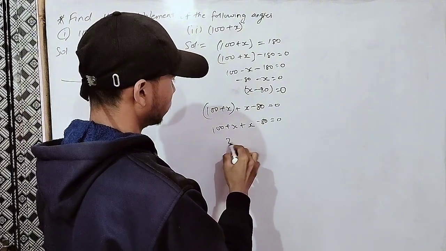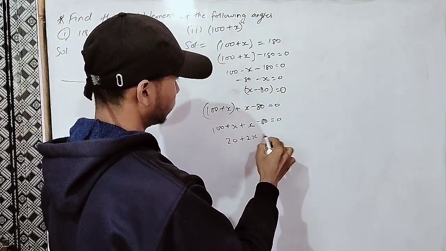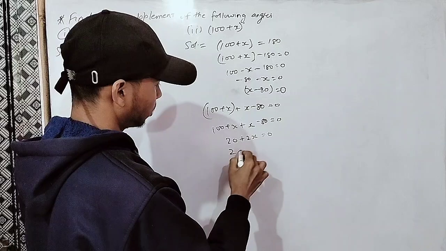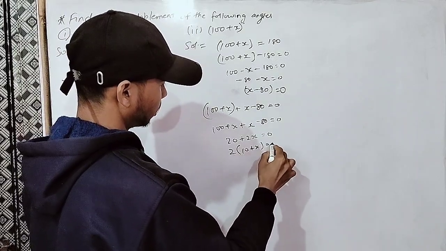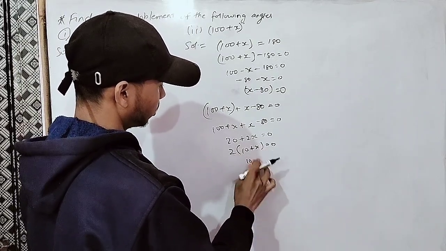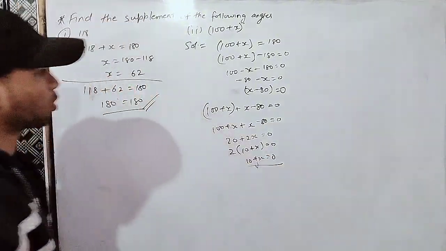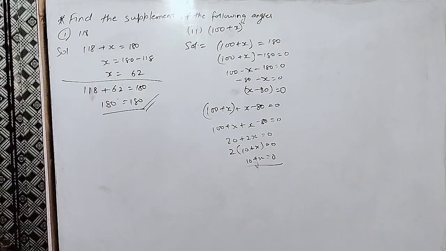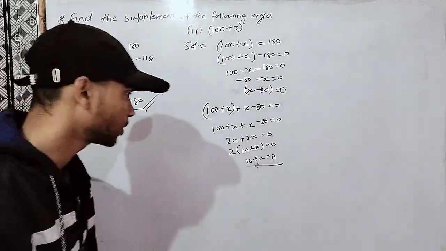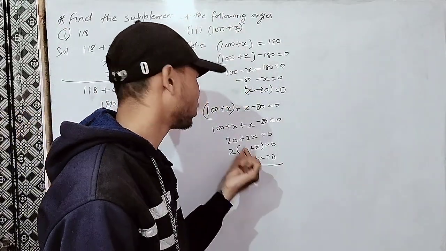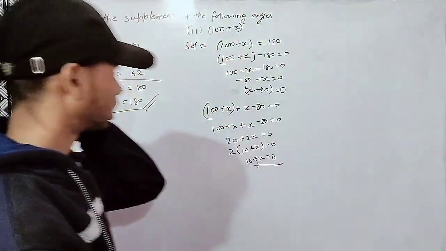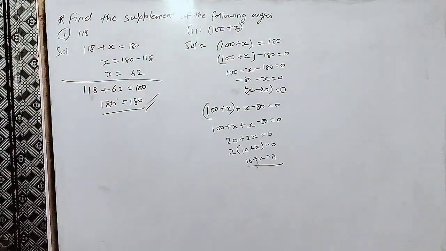Here we are getting 20, then 2x, 10x, 10x plus. No, our answer is incorrect because we are not getting the value, how much? 180. We are not getting it. It's incorrect. What is the other way?